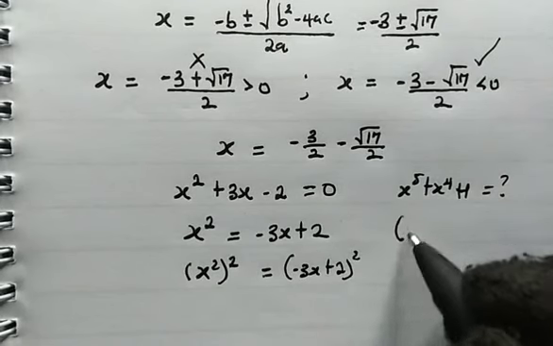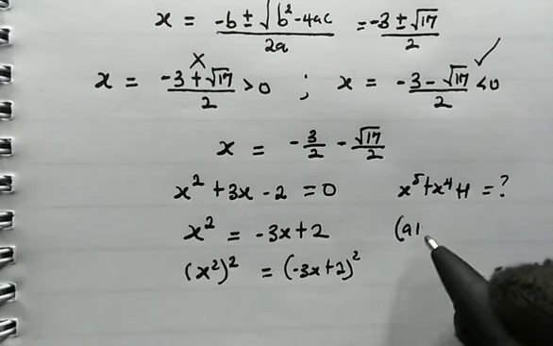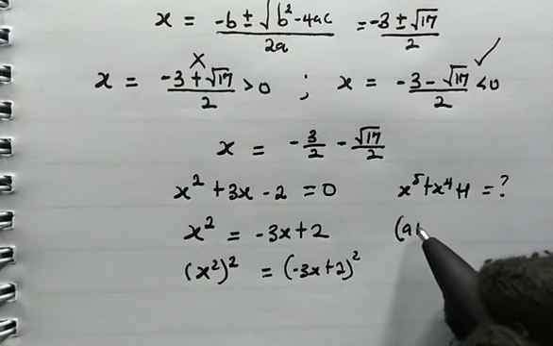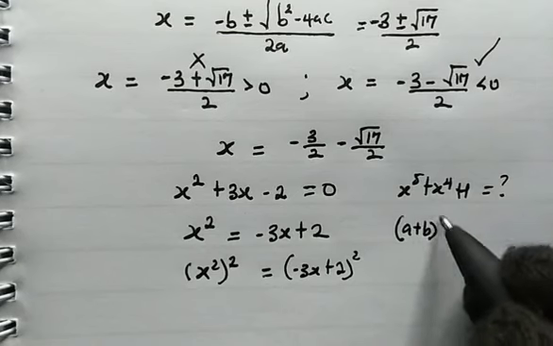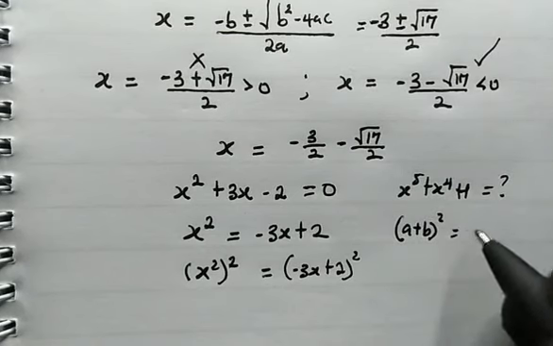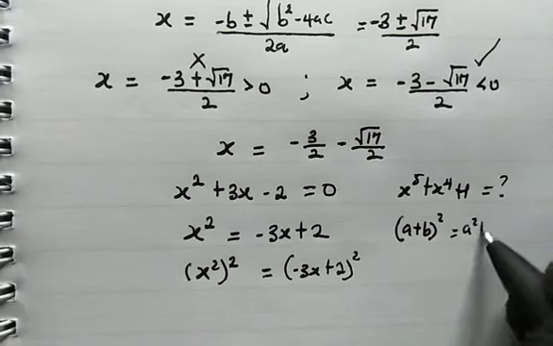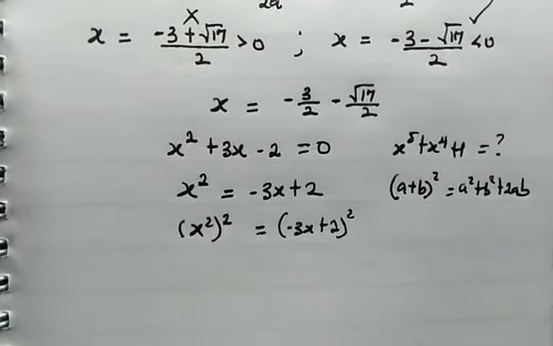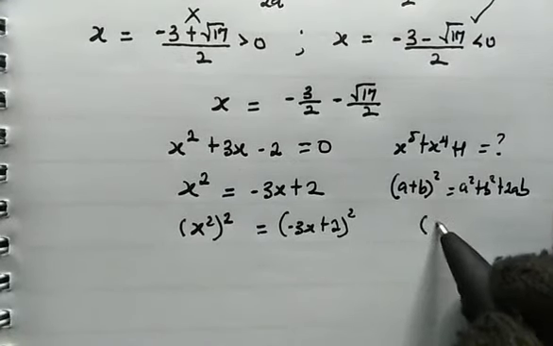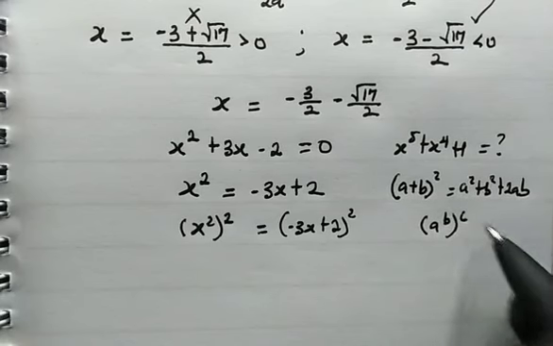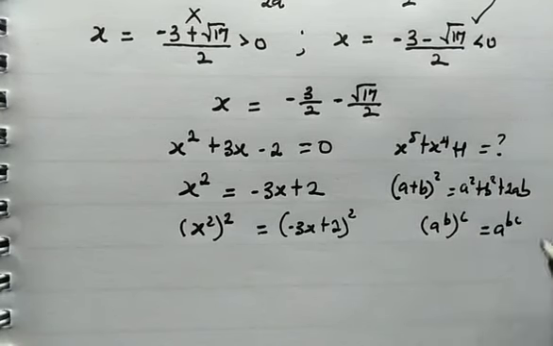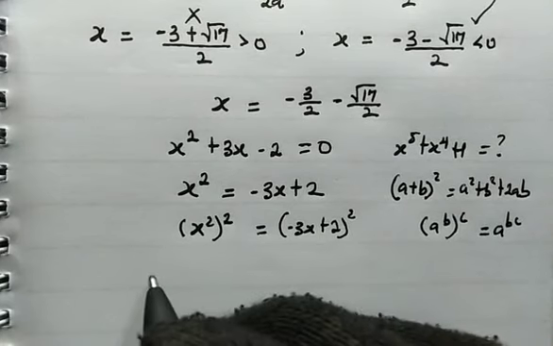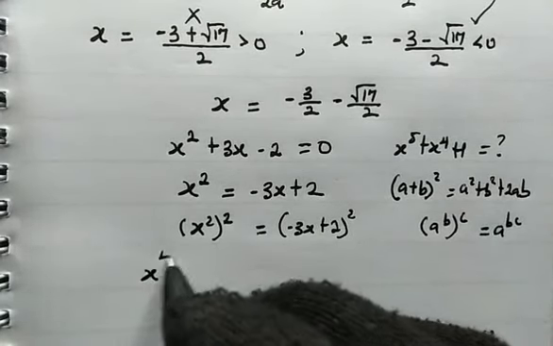From the right hand side, we'll make use of the binomial expansion: a plus b squared is equal to a squared plus b squared plus 2ab. From the left, let us make use of this property again: a to the power of b, then raised to the power of c, can be rewritten as a raised to the power of b times c. So here this will become x to the power of 2 times 2, which is 4.